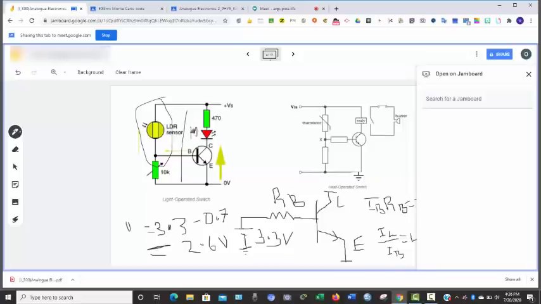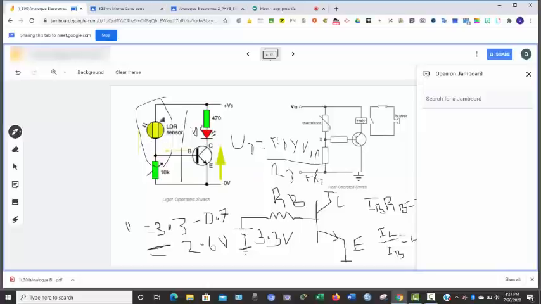And if this is 10k, I can now say my VD, that is V for LDR, will now be equal to RD times VA over RG plus RT, that is R of the potentiometer. So I can easily know what my voltage is.